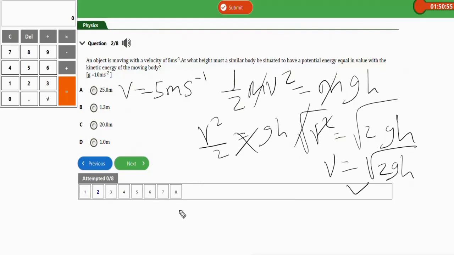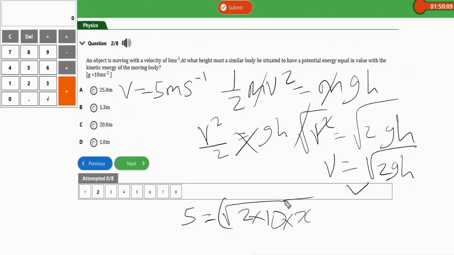So our v is 5, so we have 5 equals square root of 2 times our acceleration due to gravity, which is 10 and constant, and we have our height to be unknown. Let's call it x. Now we want to make x the subject of the formula, which is our height. So you're going to square both sides.